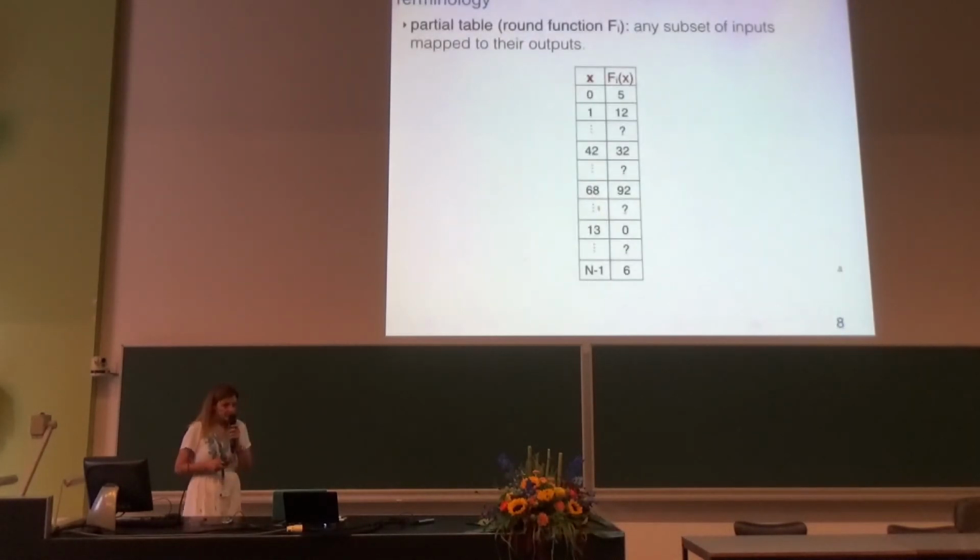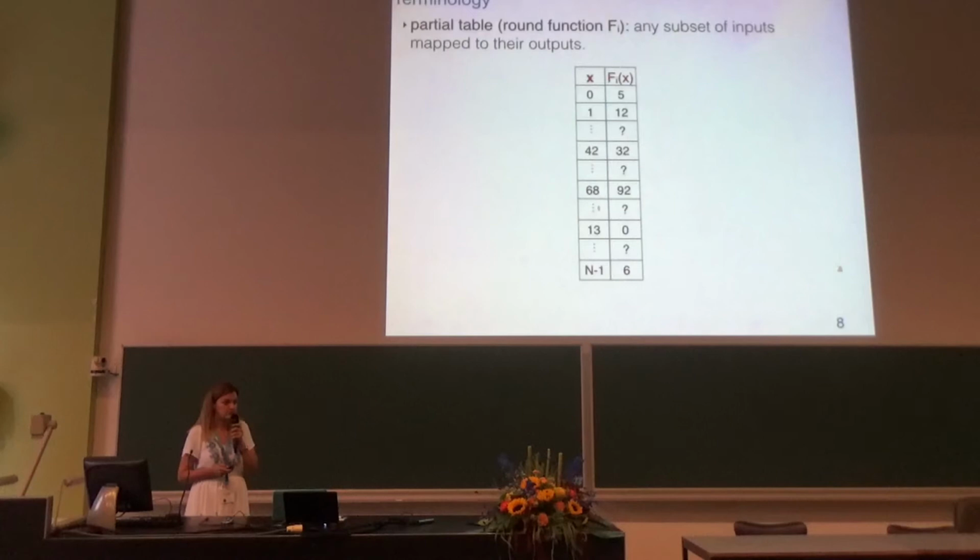Now I'm going to talk about our attack, but before that I need to introduce some notation. I'm going to start with a partial table. Probably you already got the idea of a table, it's just a round function. For a partial table, instead of defining the mapping for all inputs to their outputs, we have just a subset of inputs that is mapped to their outputs. Here we see that we just have 5 inputs mapped to their outputs, the rest is empty.